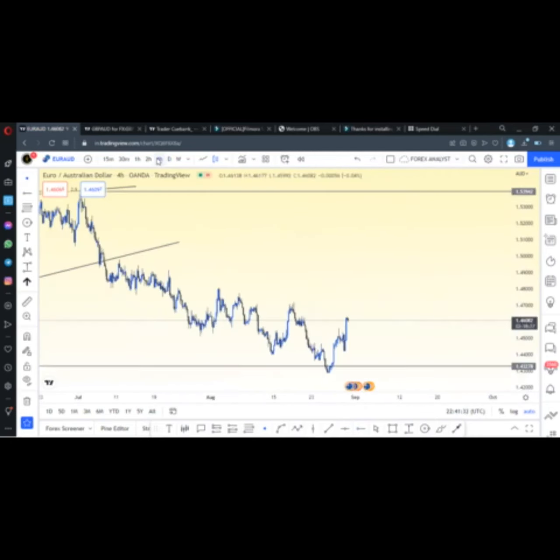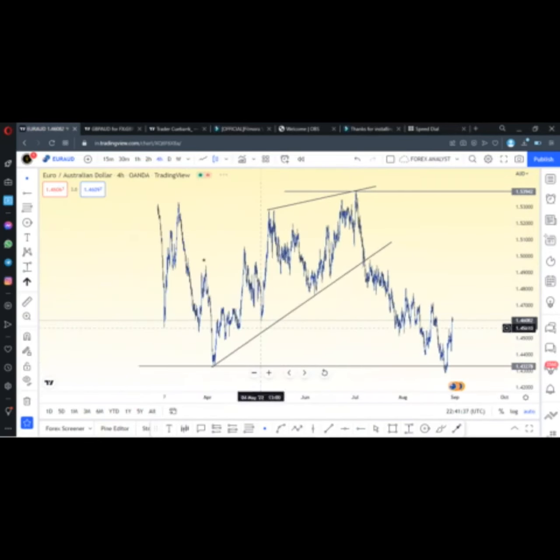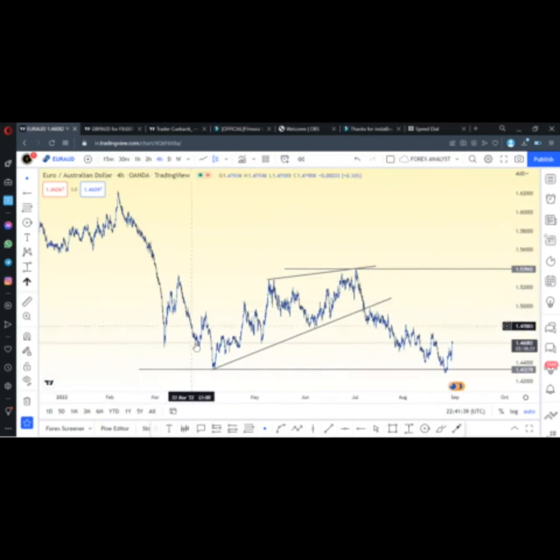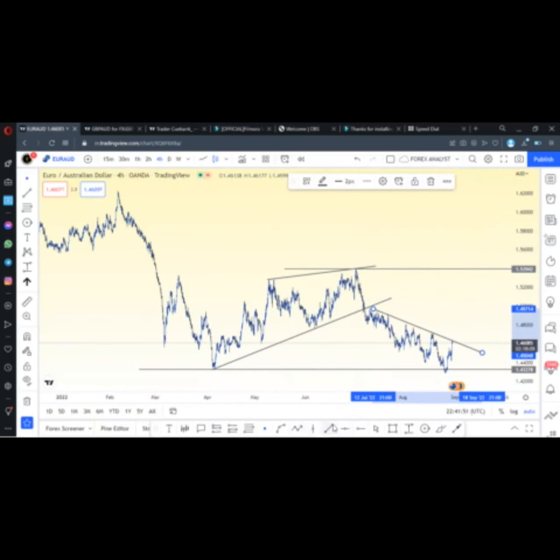Let's go to the 4-hour real quick. So we can see an impulse and a correction, a break, an impulse, and then we can see that Euro AUD created a kind of reverse pattern. You can call it a wedge.